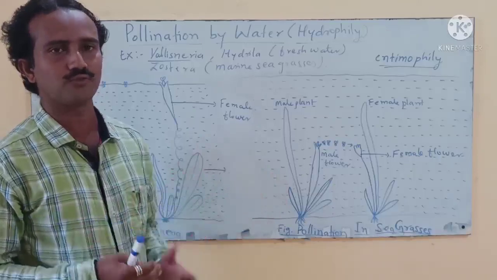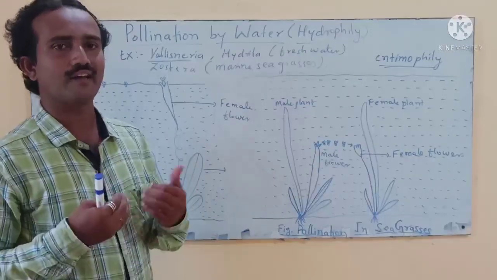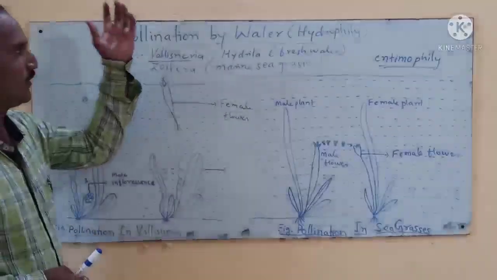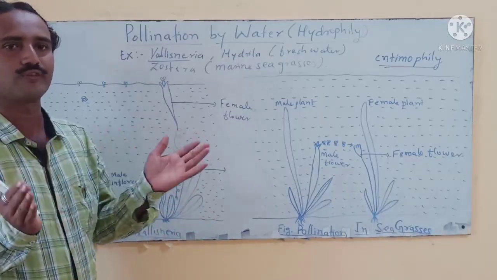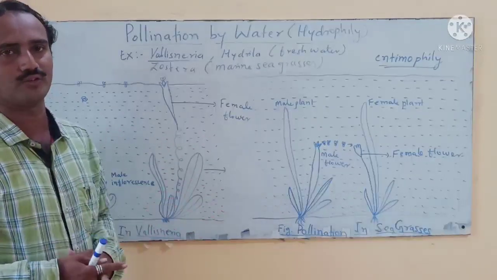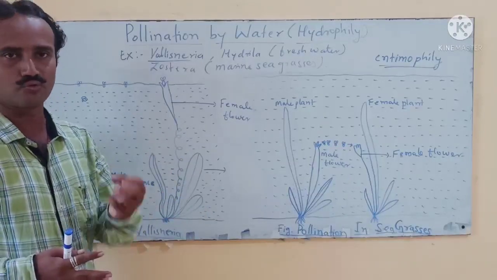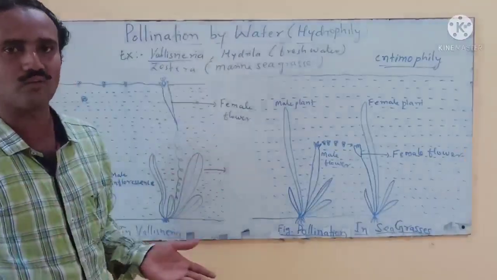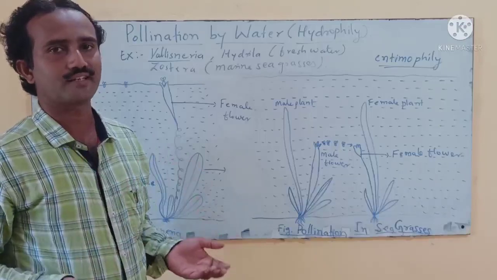They are not colorful and they cannot produce nectar. There is no attraction of insects or birds towards them. So that's why they are not producing colorful flowers, as well as nectar.